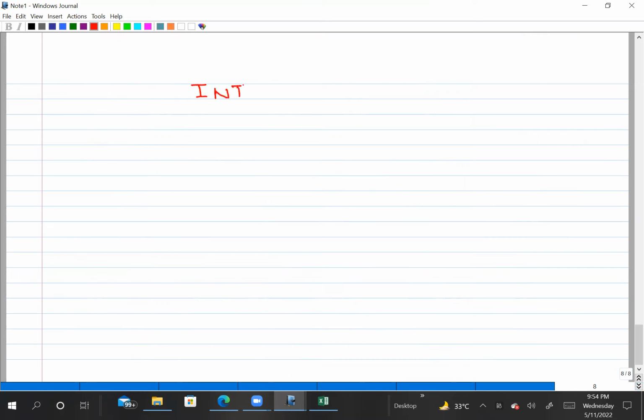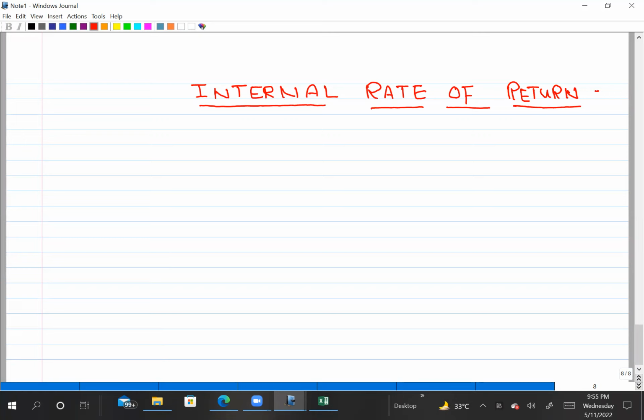Now the last investment appraisal method is internal rate of return, also known as IRR. Now, what is the definition?